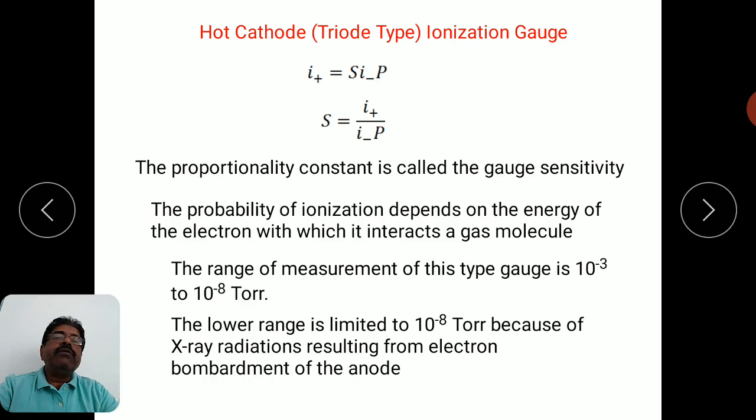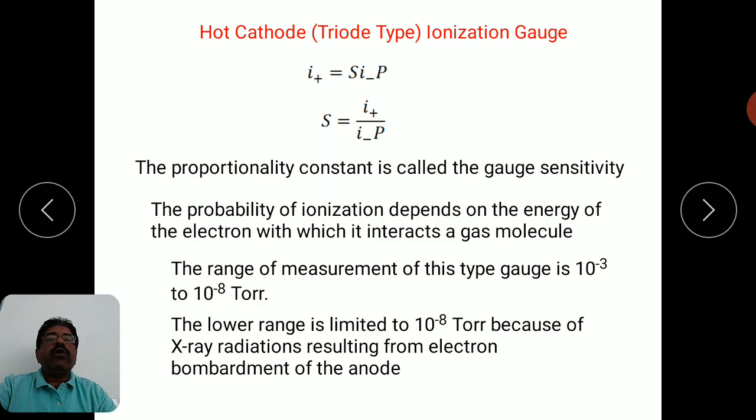Because when you go to very low pressure, beyond 10 raised to minus 8, maybe 10 raised to minus 10, minus 11, the number density is very small. That means the gas molecules present inside the chamber are very few. Therefore, there are fewer collisions.